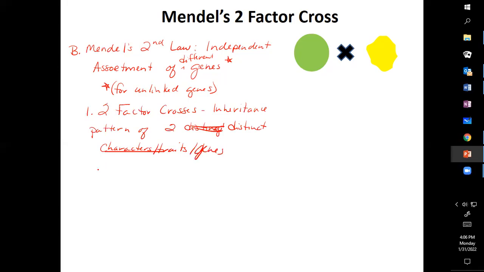So let's look at an example. What do I mean by different characters or traits?